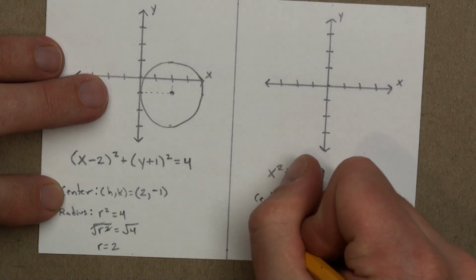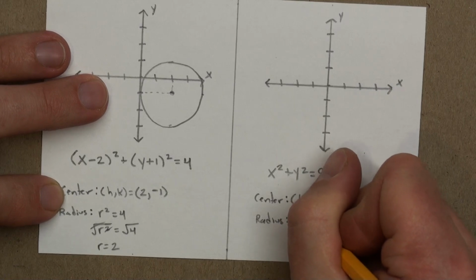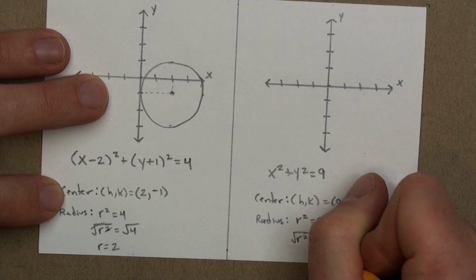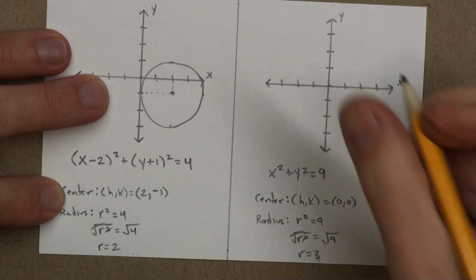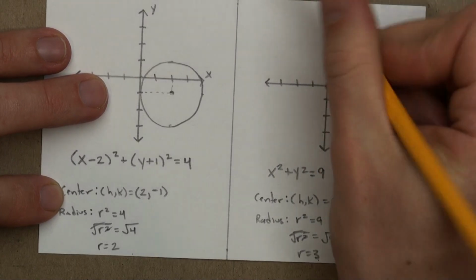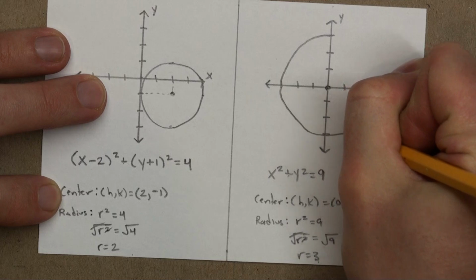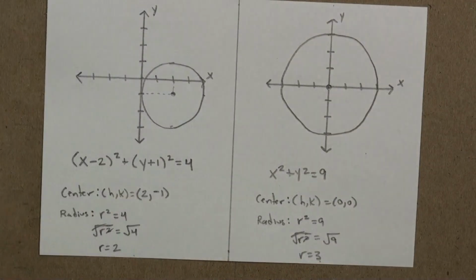My radius would be r squared equals 9. Take the square root of both sides. R is 3. So my center, and I have a circle. Just going to draw it the best I can. There. Okay?